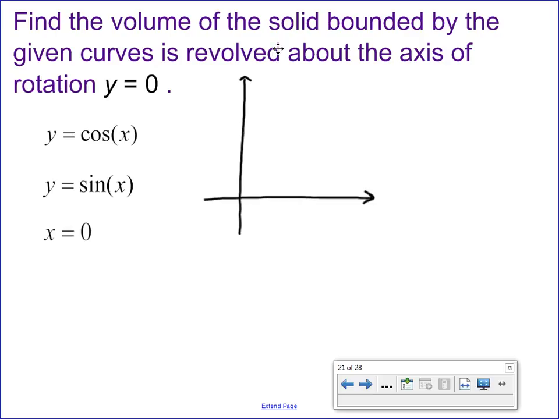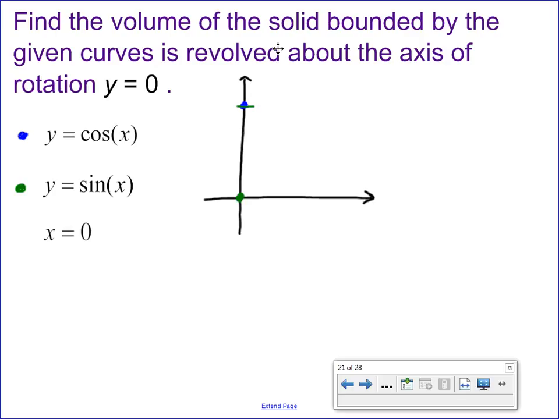And so I know at x equals 0, my blue cosine function is 1. And I know at x equals 0, my green sine function is 0. And I know that sine and cosine are equivalent at what x value?